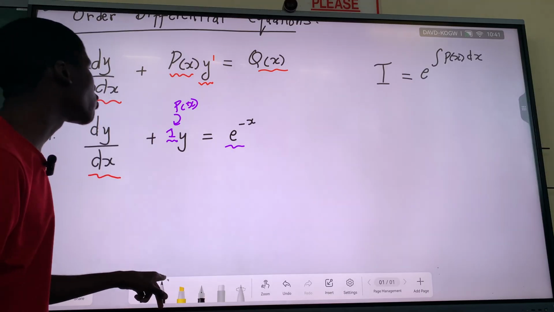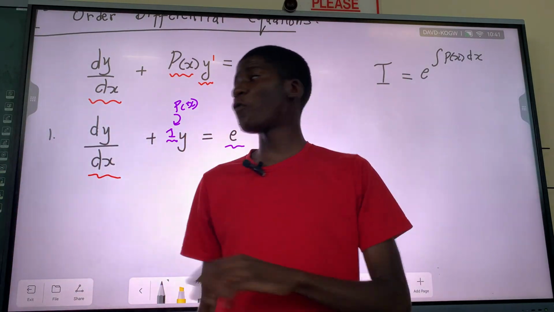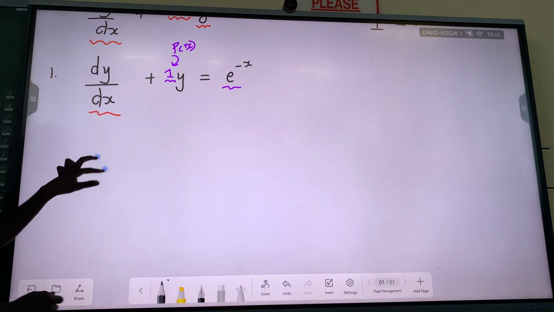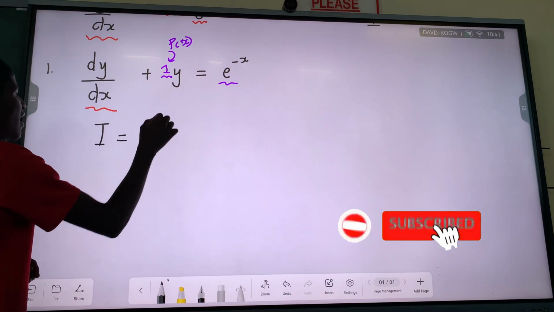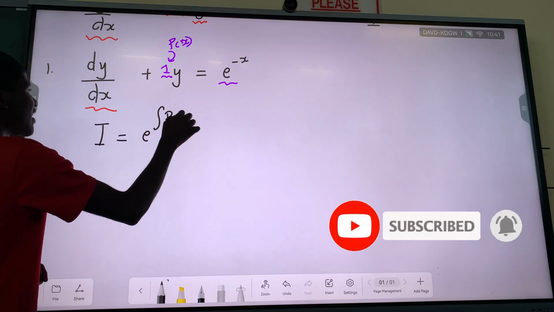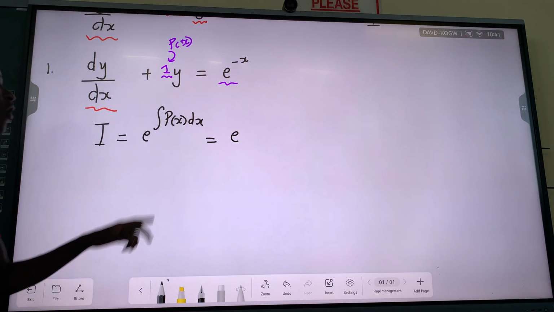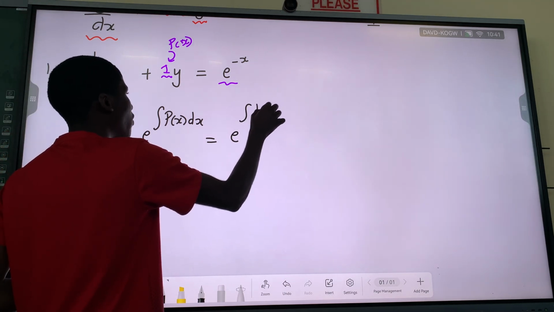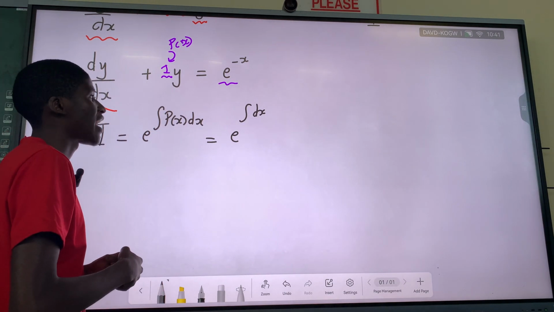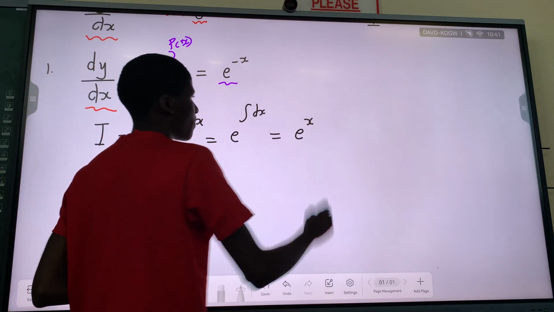So what do we need to do now? We find the integrating factor. To solve the differential equation, you find the integrating factor, which is given by e to the power of the integral of p(x) dx. So this is e to the power of the integral of 1 dx, which integrates to e to the power of x.